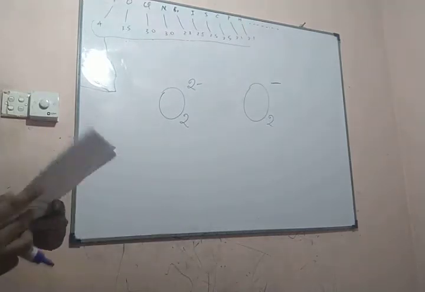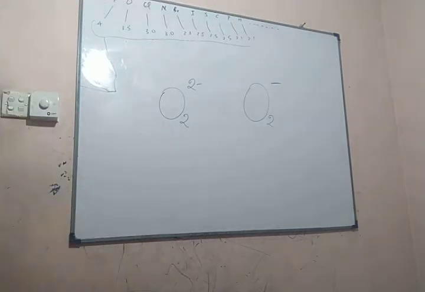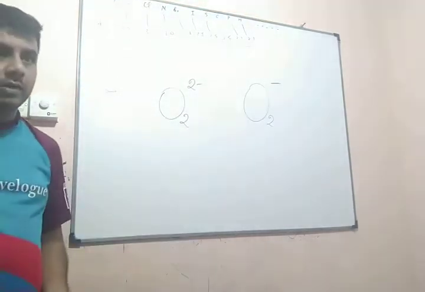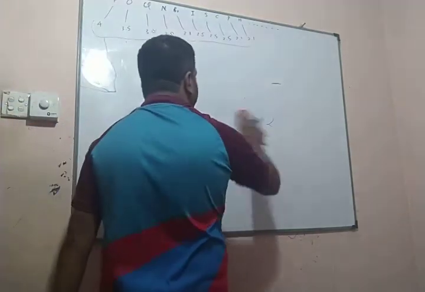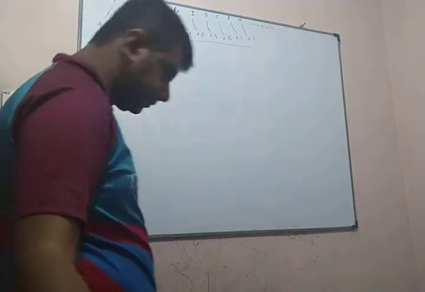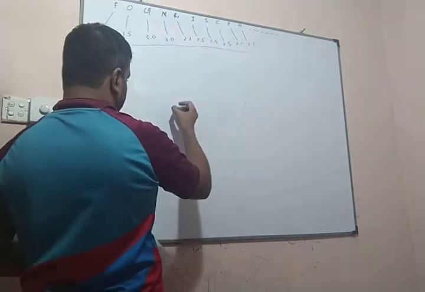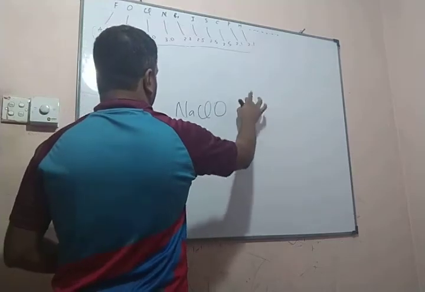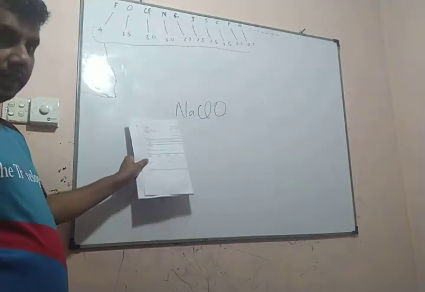Okay, there are another two rules. What? The sum of all oxidation states in a compound will be equal to 0, right? For example, NaClO. What's the oxidation state of sodium?